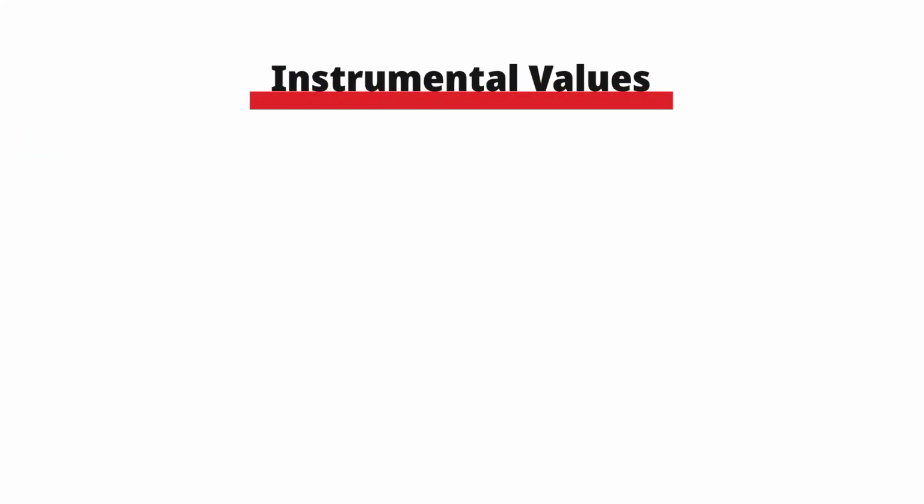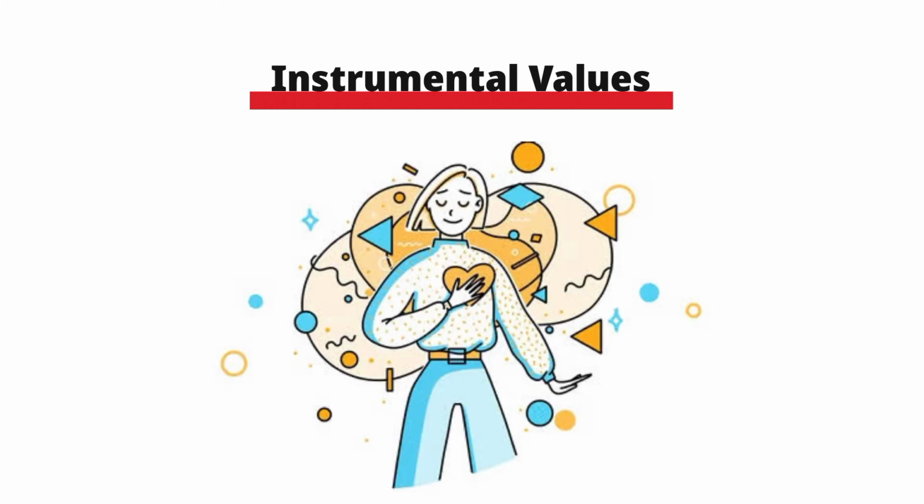The next classification is instrumental values. Instrumental values refer to preferable modes of behavior or means of achieving the terminal values. This includes being honest, sincere, ethical, and ambitious. These values are more focused on personality traits and character.